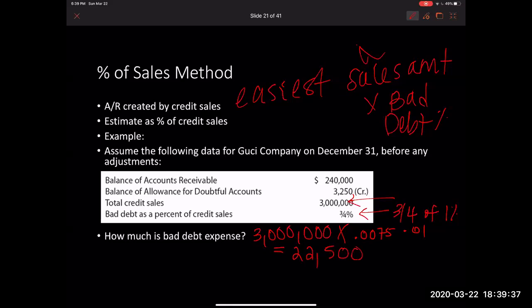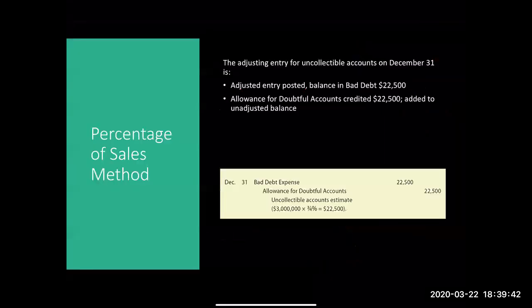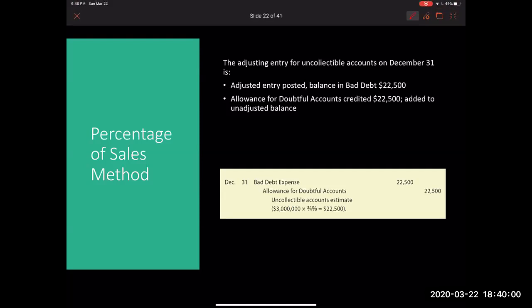And so that's what our journal entry will look like. The adjusting entry for uncollectible accounts on December 31st is bad debt expense of $22,500, and the allowance for doubtful account will be of an equal amount, $22,500. What's important to add here is that the allowance for doubtful account is credited this $22,500 and added to the unadjusted balance.